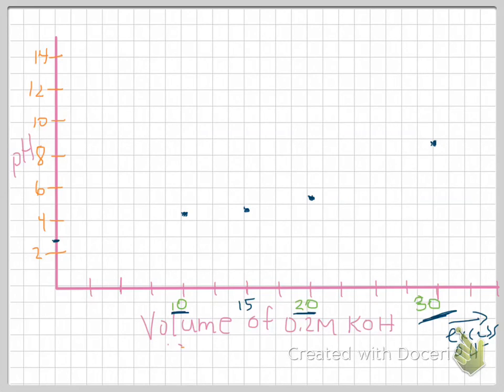So in order to figure out that maximum value past a couple mL past the 30, we just take the negative log of the 0.2 molar. And when you do that, you get a pOH of 0.69, and we subtract from 14, and we get that the maximum pH is going to be around 13.3.